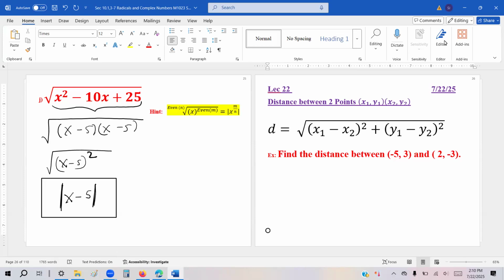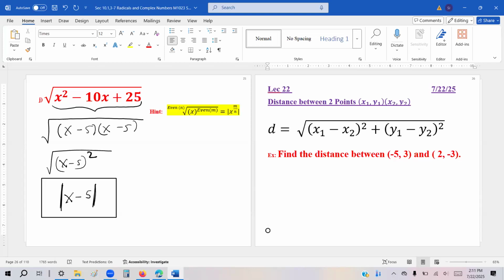The first thing is how do you find the distance between two points? To find the distance between two points, you can memorize this formula. It says take the difference of the x's, square the quantity so it becomes positive, and then take the difference of the y's, square that so it becomes positive.